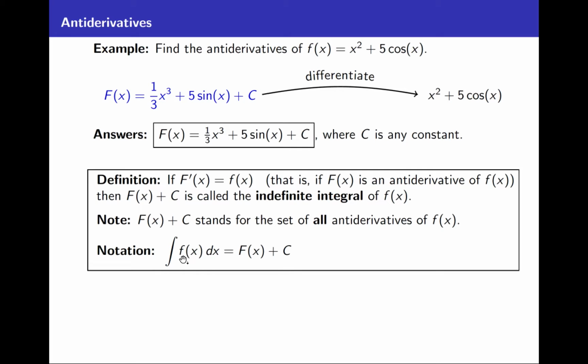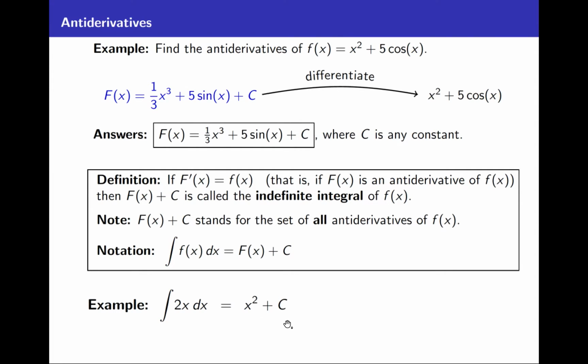So whenever you enclose a little function f of x between an integral sign and a dx, that's a little notational package that says this is the indefinite integral of the little f of x. It's the set of all antiderivatives of little f of x. So for instance, we figured out all of the antiderivatives of 2x were x squared plus c on the previous slide. So the integral of 2x dx equals x squared plus c.